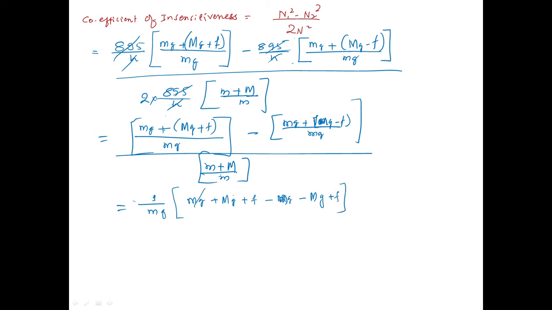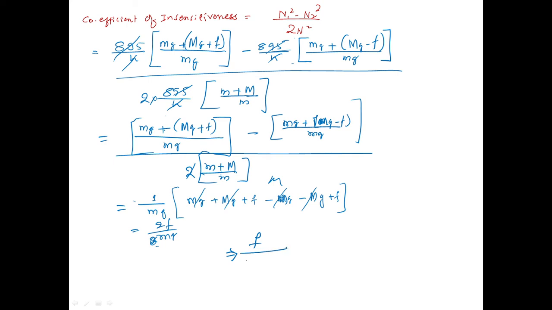I think you got 2F mg. You just check it. The equation you have written in the book, I think the 2 cancels here. Now I'll write the final equation, you just cross multiply.